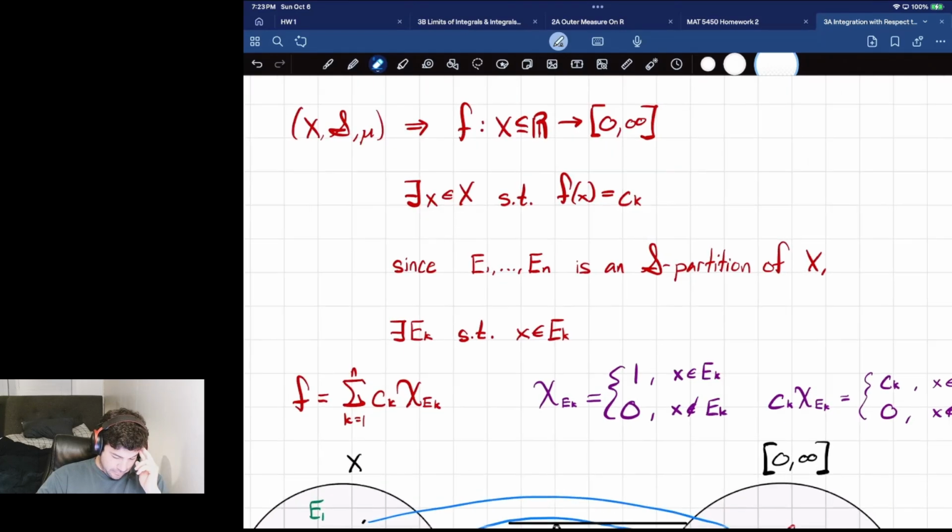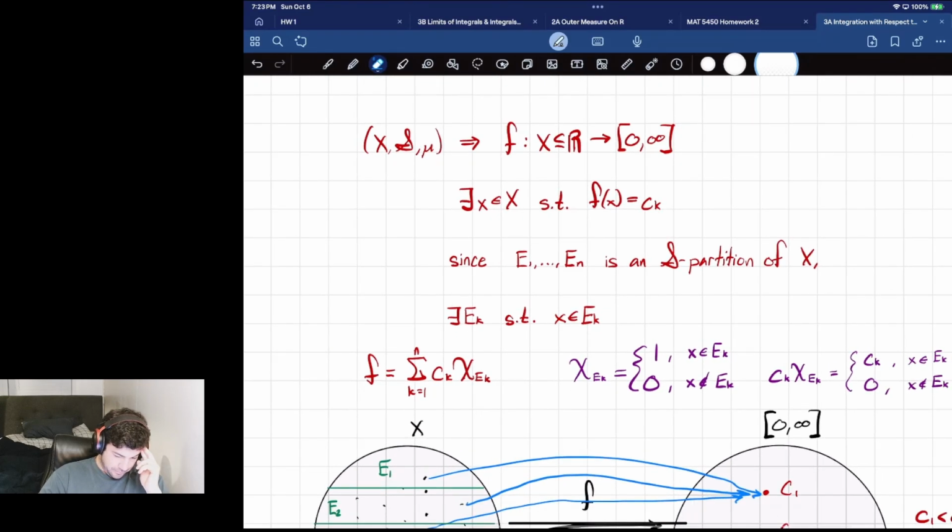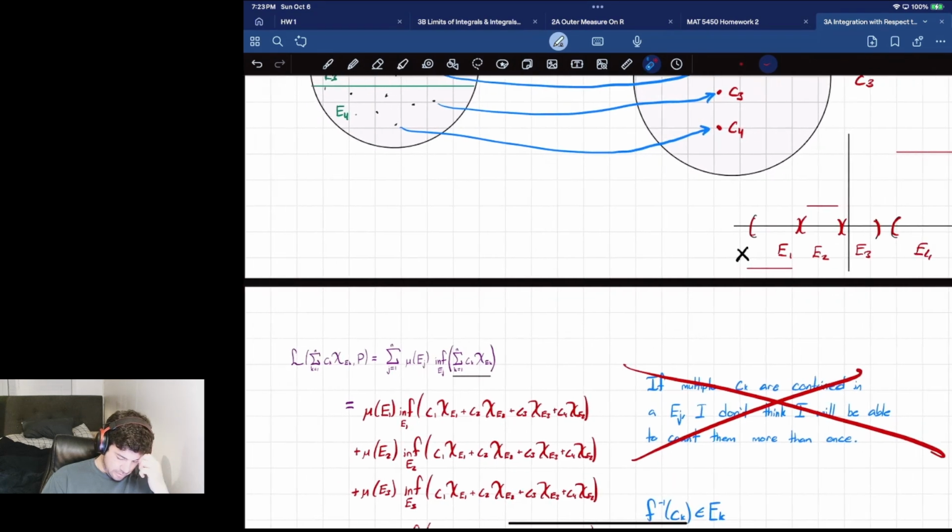So if we're picking the EKs to coincide with the inverse image of the CKs, this definitely holds.